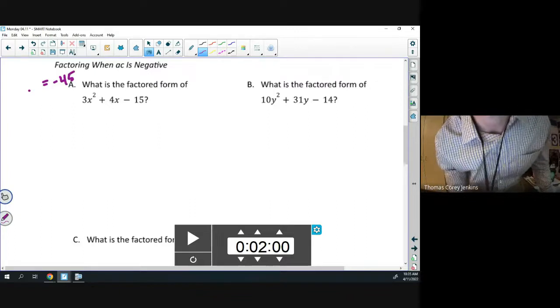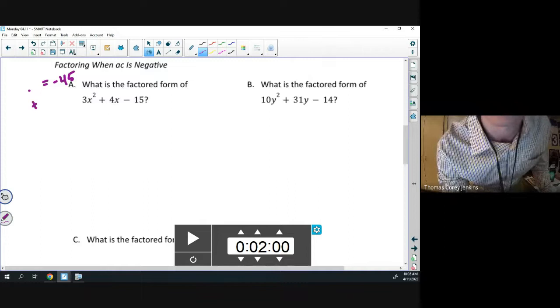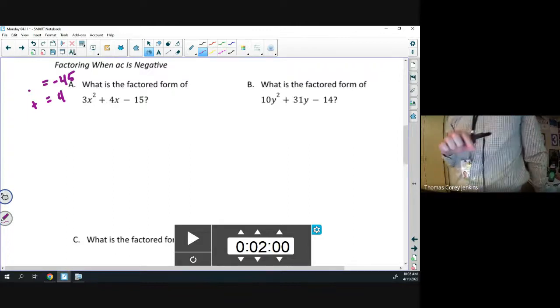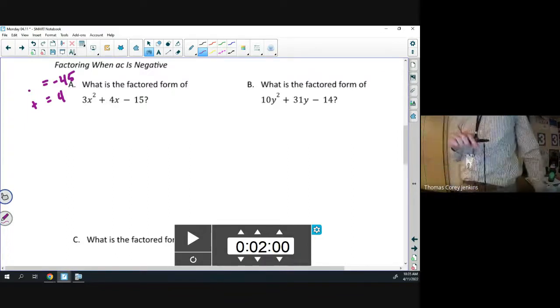Because that's negative 15 times 3, and adds to positive 4, okay? That's the whole key right there. So multiplies to negative 45, adds to positive 4. I'll give you about 10 seconds, and then I'll call on or see if we can come up with that.